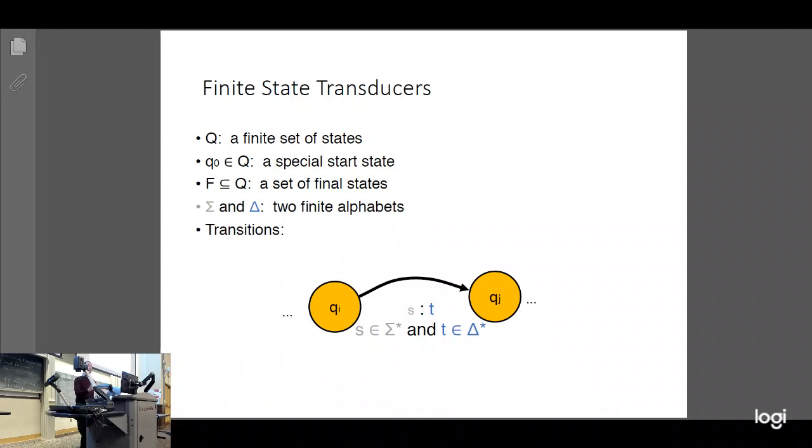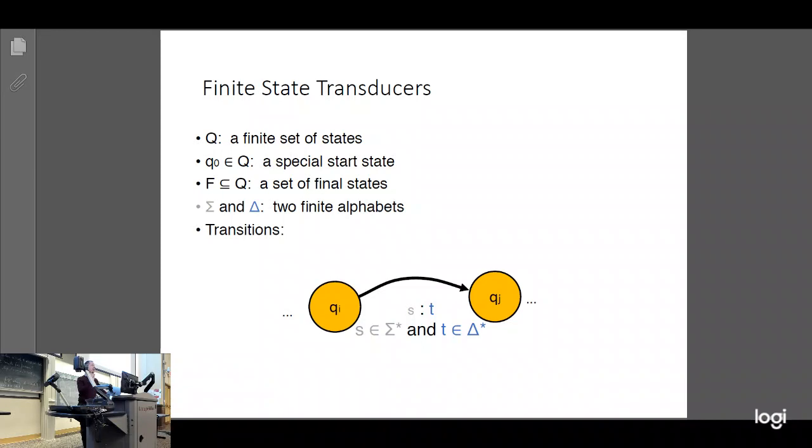So this works rather like a finite state automaton, except instead of having one input tape that you're reading from, you have an input tape and an output tape. And every time you go across a transition, you read a symbol from the input tape and you write the relevant symbol to the output tape. Now, one caveat. These can be more than just symbols.